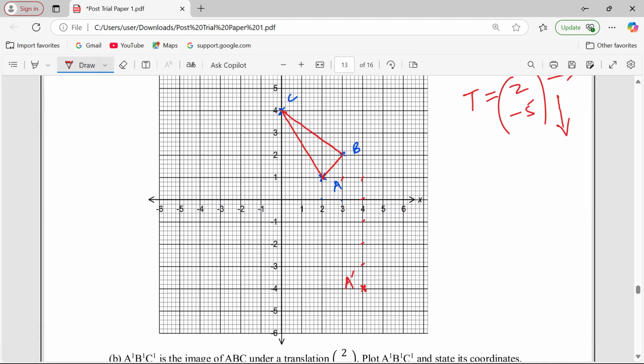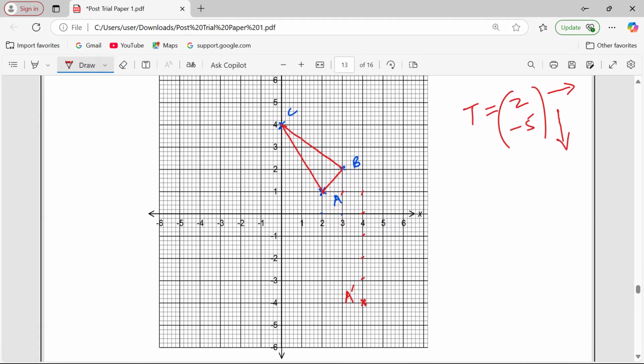We move 2 to the right and 5 downwards. Then for B, we move 2 to the right, 1, 2. Then after moving 2 to the right, we move 5 downwards, 1, 2, 3, 4, 5. So B prime shall be at that point.